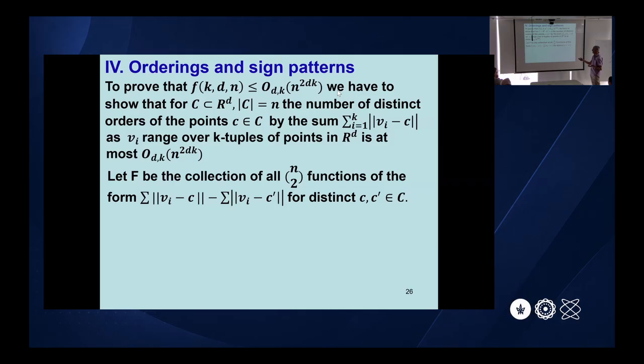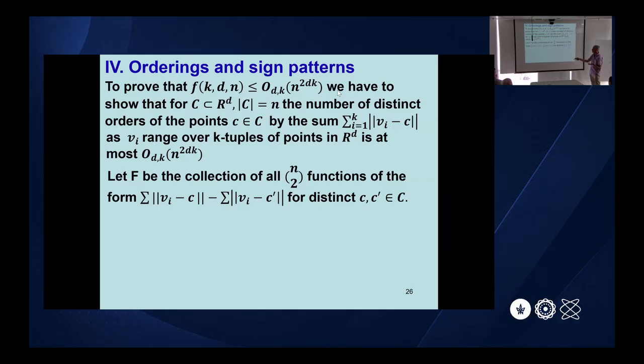You can look at the collection, just what we did at the beginning for k plus 1. You can look at all the n choose 2 functions of the following form. For every 2 distinct fixed points c and c prime, you can look at the sum of distances of c from the k points, minus the sum of distances of c prime from these k points.